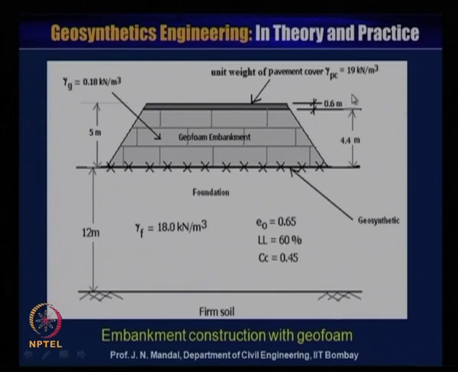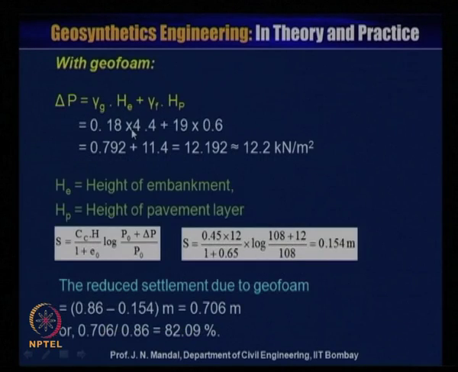So 0.6 into 19 kilonewton per meter cube. That's why it has been written as 0.18 into 4.4 plus gamma 19 into Hp 0.6.